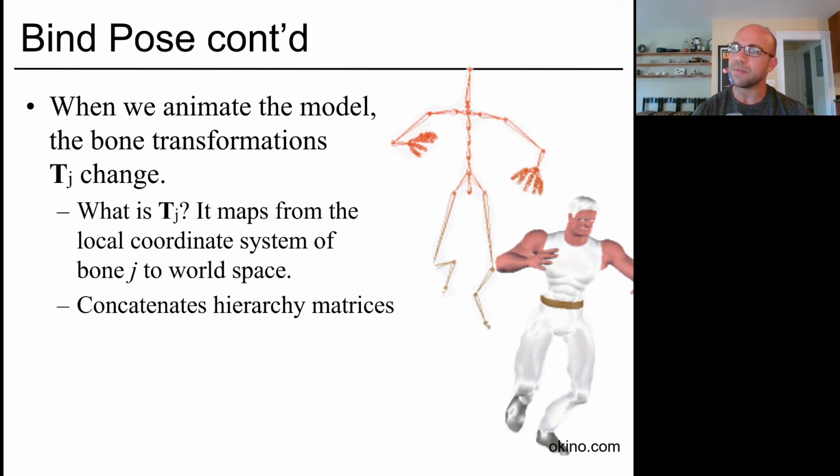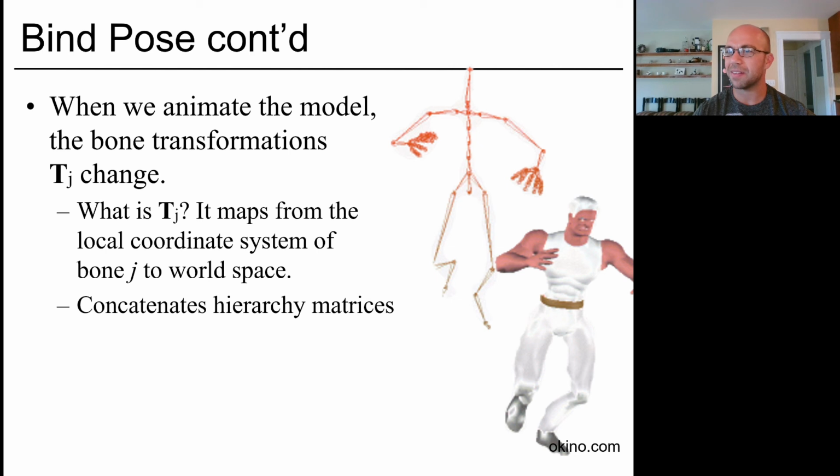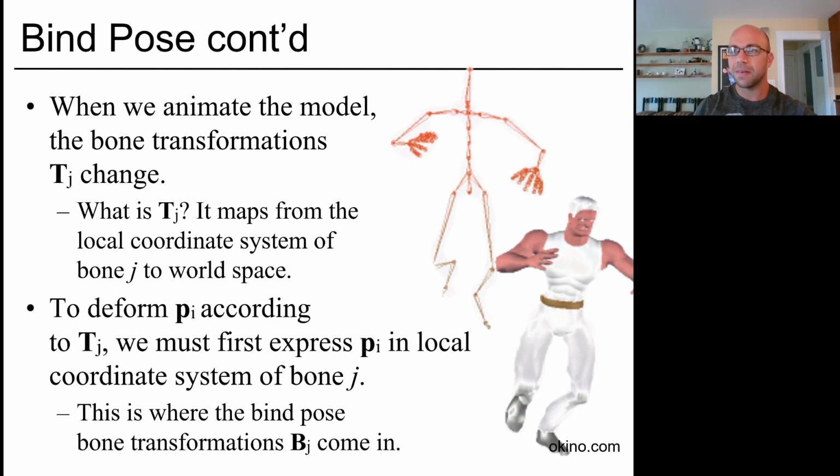Okay, so now when we're animating our characters, what's changing are not the Bjs, those are the bind pose matrices, but the Tjs, the bone transformations as this character is running and moving around. In order to deform a vertex Pi according to matrix Tj, we have to do two things. We have to take Pi, write it in local coordinates, deform the local coordinates, and then undo it.